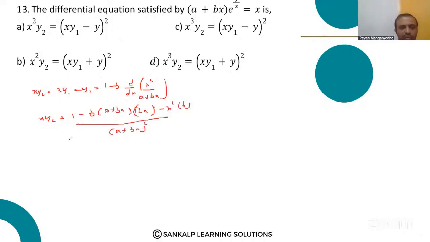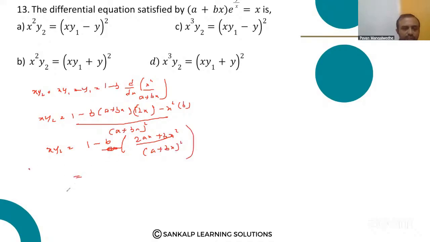So now by resolving this, we can get that xy2 is 1 minus b upon 1 minus b into 2ax plus bx square, that is x square into b is bx square, divided by a plus bx the whole square.